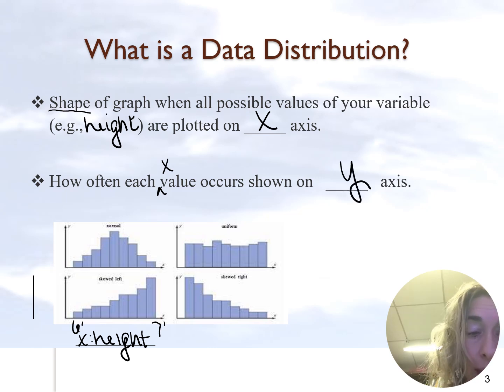So on the y-axis of the graph, that represents a frequency of how often each particular value of height occurs. So a 6 foot height may occur with that frequency, whereas 7 foot heights may occur with that frequency.